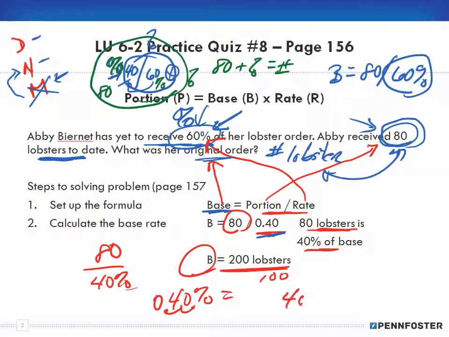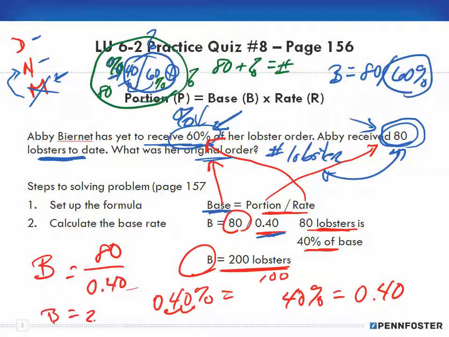So 40% is now equal to 0.4 as a decimal. That's why we can do the math as 80 divided by 0.40 to get our base, which is equal to 200.